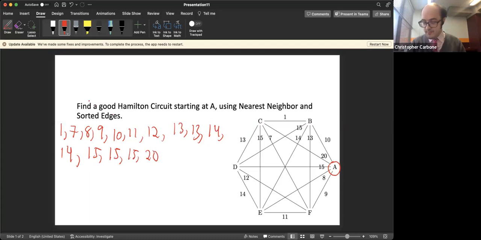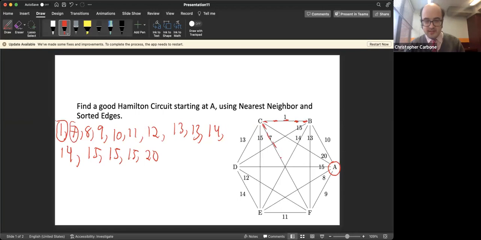So with that done, we're going to take the 1. That's the smallest one here. It's not connected to the A, but it is the smallest one, and we should definitely make sure that we take it. We're going to use that one. The next smallest one here is a 7. That does not create any three-way intersections since we only have one edge ready.